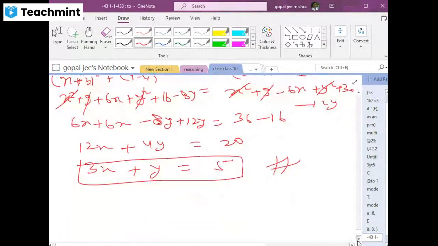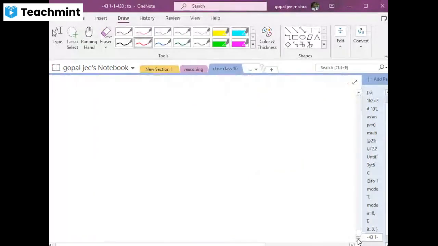But for that you must be aware about the properties of some geometrical quadrilaterals. Inside your book, certain questions are asked that determine whether the given quadrilateral is a rectangle, is a square, or a rhombus, or a parallelogram. You must be aware of the properties.